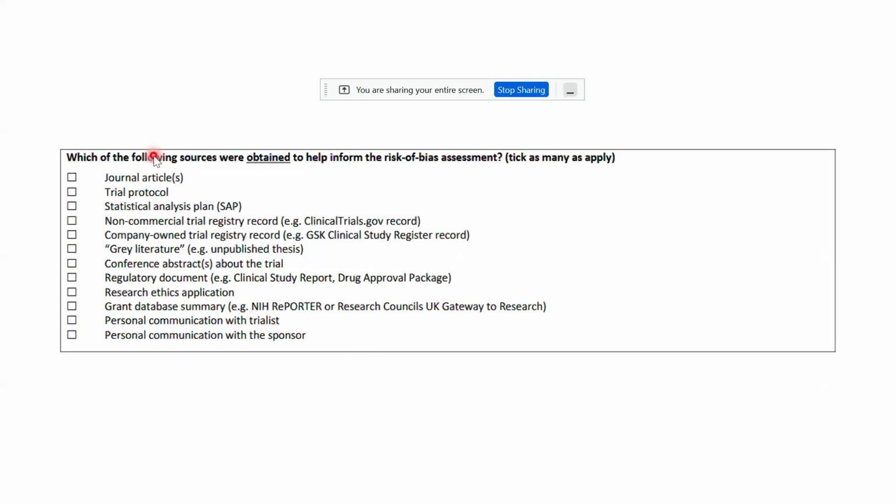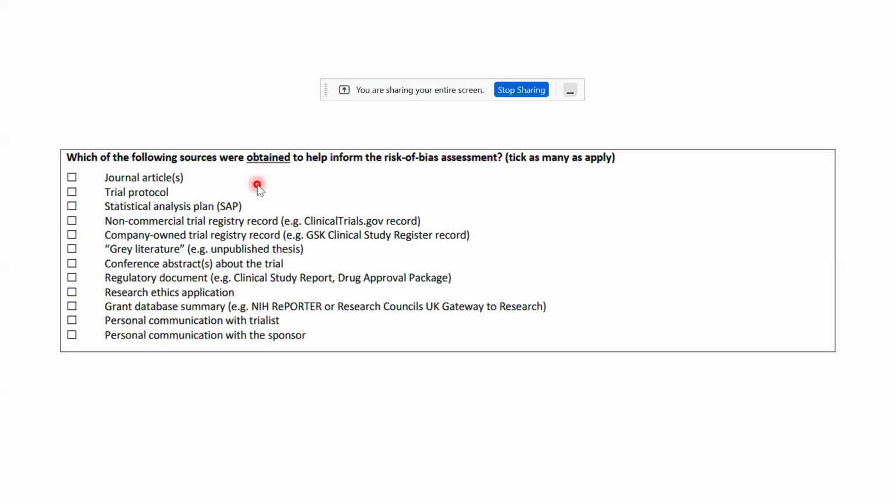We also need to detail which of the following sources were accessed to help inform the risk of bias assessment. Definitely the minimum source that we need to access is the published journal article, if it is a published article. But we should also try to access as many related documents as possible.